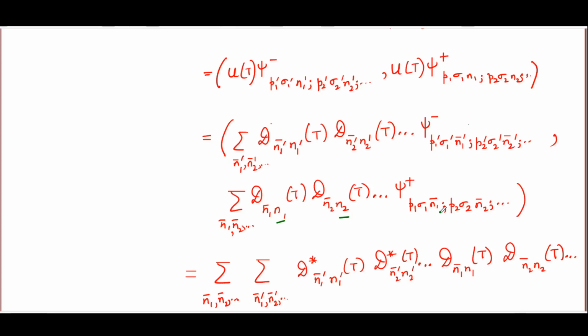In the last lecture, they were furnishing representations of Poincare transformations. In today's lecture, we are talking of representations of internal transformations. But it is not obvious that they are going to furnish the same representation. That is, the representation is going to be implemented by the same bunch of operators in the two cases. If the implementation is done by the same bunch of operators, that is, if we can do what I have just done, apply the same U of T on both the in and the out states, then and only then does this calculation work.